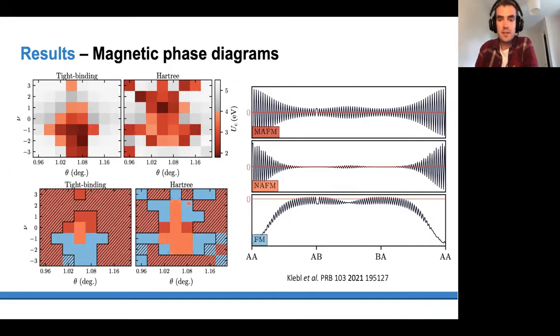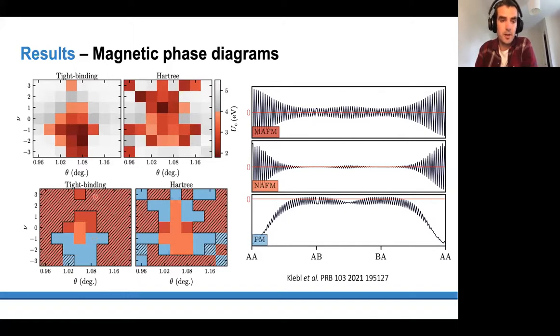So the red phase is a modulated antiferromagnetic phase, which is peaked in the AA regions of the Moiré unit cell. Orange phases are a nodal antiferromagnetic structure, which are again peaked in the AA regions of the Moiré unit cell. And our blue phases are ferromagnetic order. And ferromagnetic order appears to occur where basically the bands are the flattest.